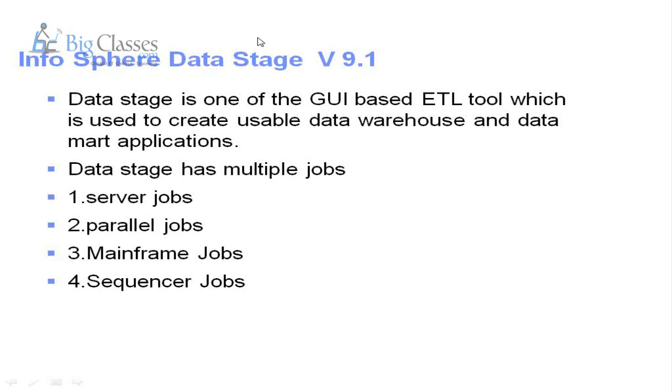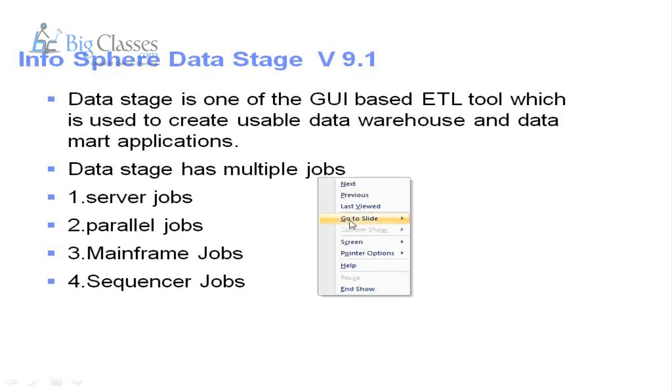Actually, there are four different environments in DataStage: server, parallel, mainframe, and sequence. As part of our training, we'll discuss all of them, except mainframe, because no clients are using it; it's a very rare case to see mainframe jobs. Most of our clients are using server jobs, parallel jobs, and sequence jobs. I'll discuss all these three environments as part of our training.